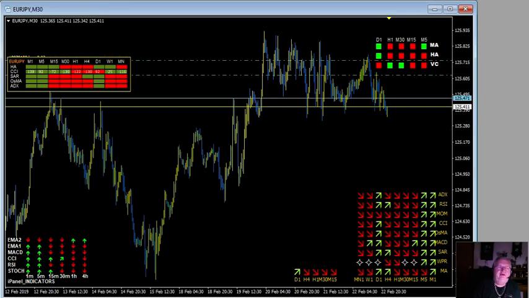Now, on a 30-minute time frame, we know if we put a trend line on here, we were in an uptrend, it broke here, we're back into that downtrend. And with that downtrend, we kind of know by looking at the longer term where that's going to go.